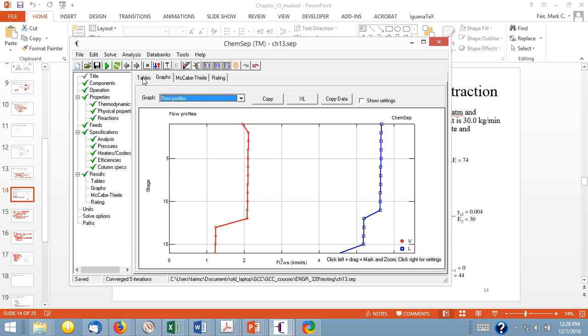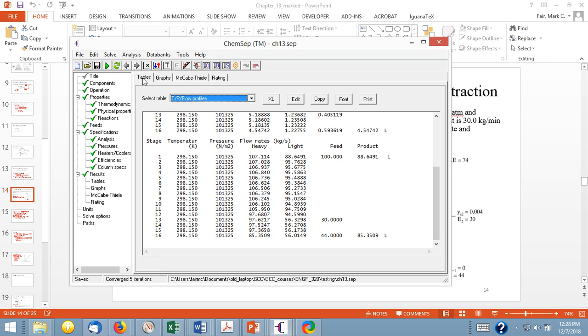So again, this is a little bit more, in a sense, realistic. You do have to worry about what thermodynamic system to use and whether you can find a good one that works for your system. But at least now we're taking into account this idea of partial miscibility that can occur in these kinds of systems. And it's kind of dramatic that you see this happening when you look at the flow profiles.